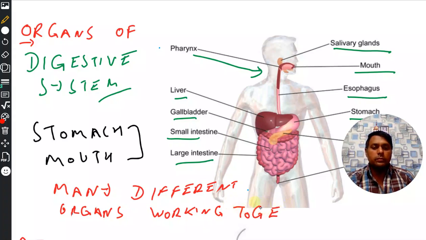What are those organs? Do you know it? You can see the names there, the gallbladder, small intestine. Okay, let me proceed further.